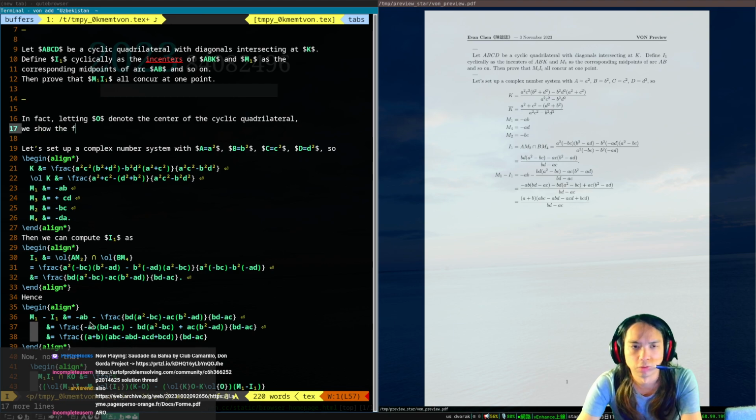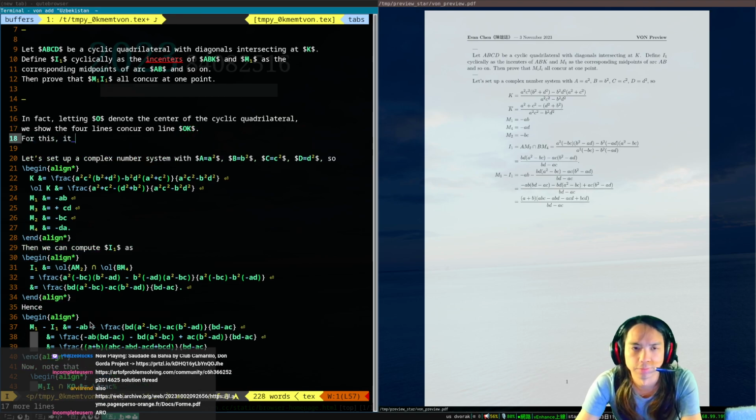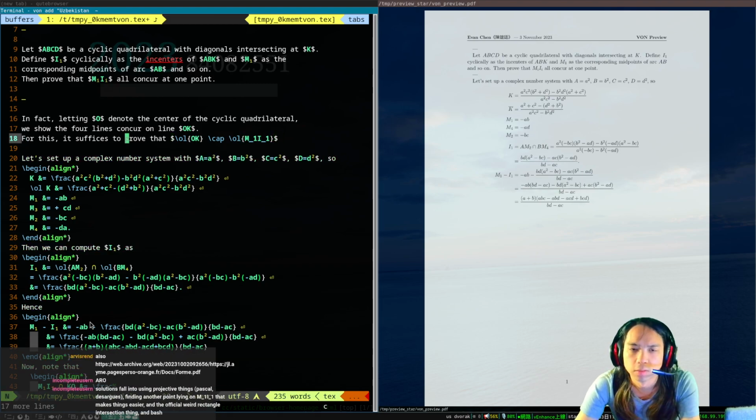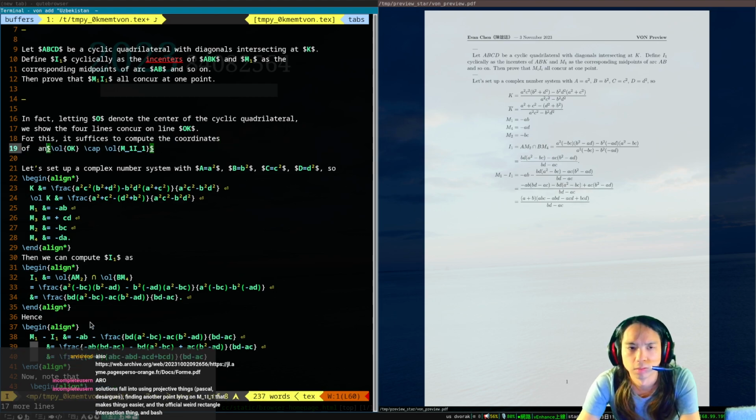Well, we show the 4 lines concur at all in line OK. For this, it suffices to prove that OK, cap M1, and appeal to a suitable symmetry.